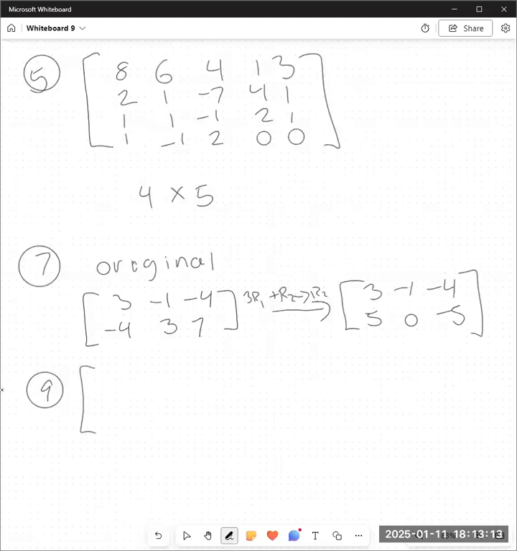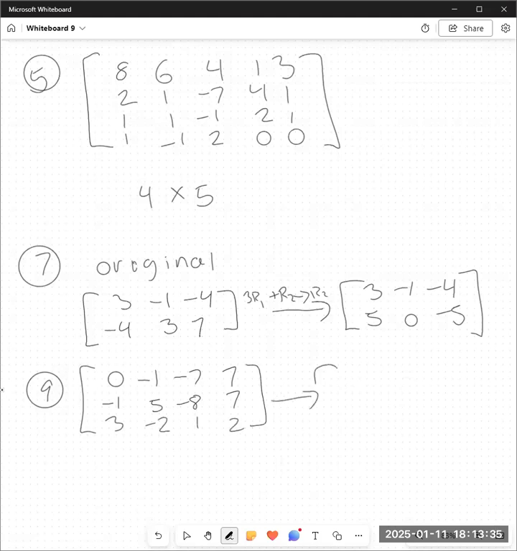Same kind of question. 0, -1, -7, 7, then -1, 5, -8, 7, 3, -2, 1, 2. And I'm going to tell you there's actually 2 steps involved in this.